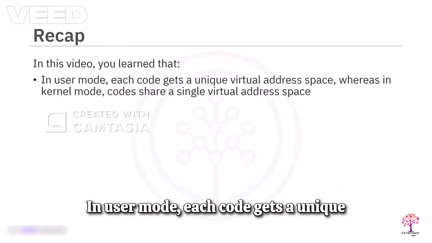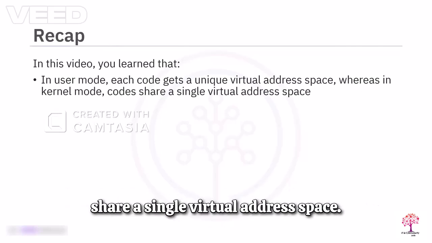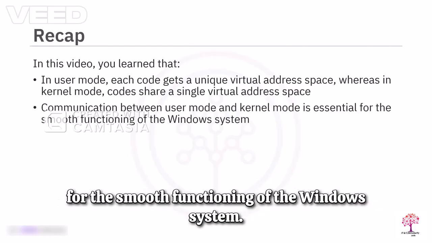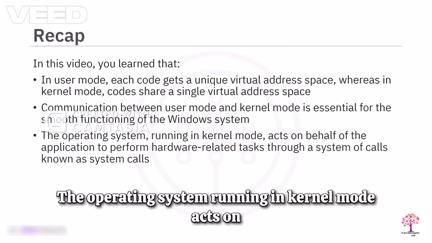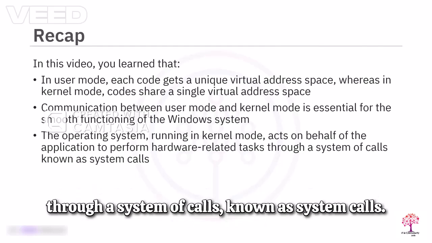In user mode, each code gets a unique virtual address space, whereas in kernel mode, codes share a single virtual address space. Communication between user mode and kernel mode is essential for the smooth functioning of the Windows system. The operating system, running in kernel mode, acts on behalf of the application to perform hardware-related tasks through a system of calls known as system calls.